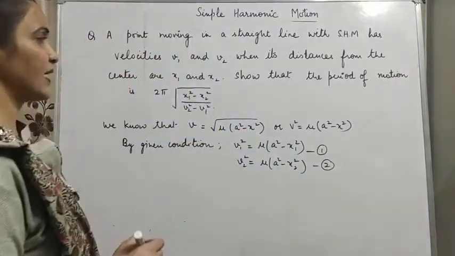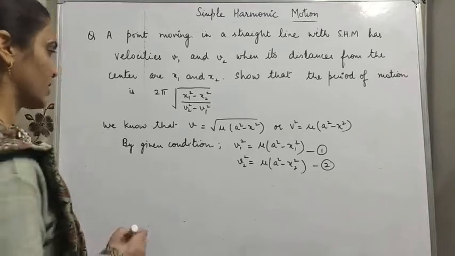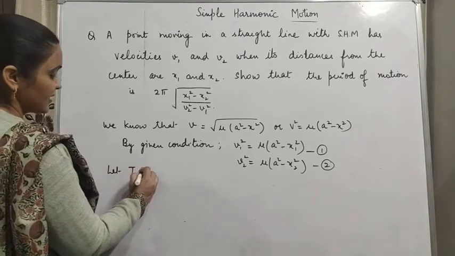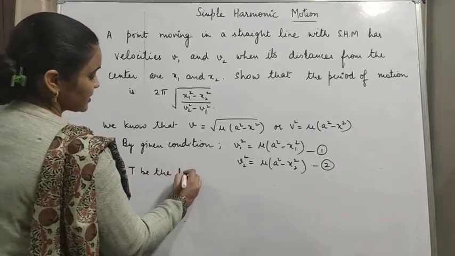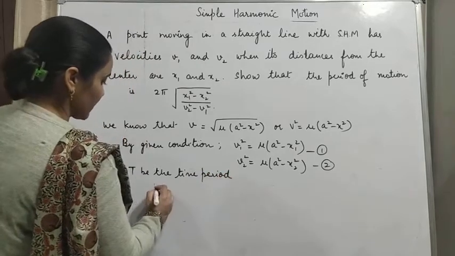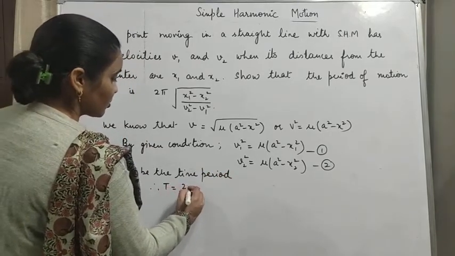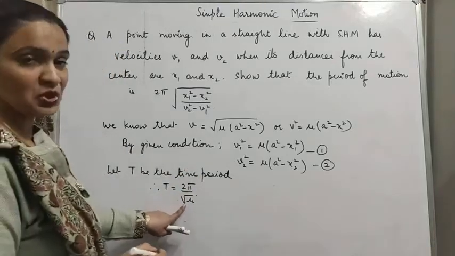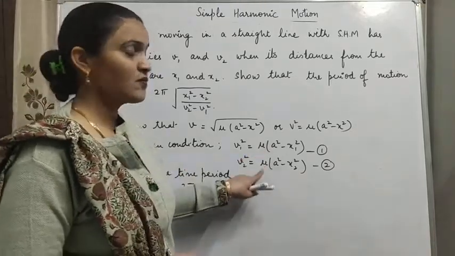What we want to find is the time period of the motion. Let capital T be the time period, therefore T is equal to 2 pi upon root mu. So what we want to find is the value of mu from 1 and 2.